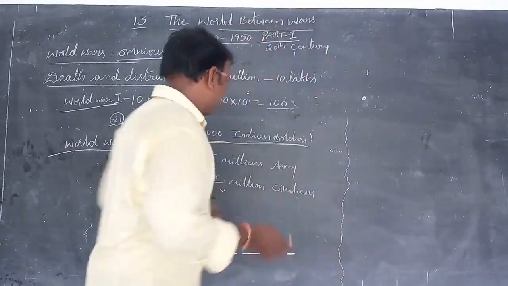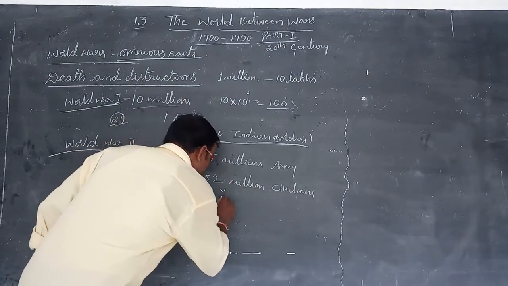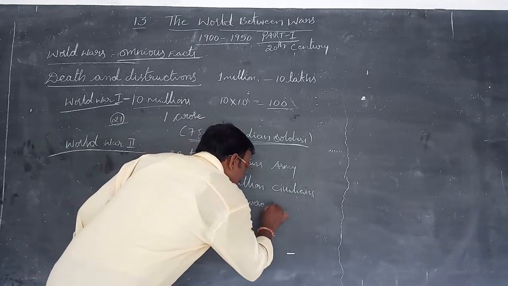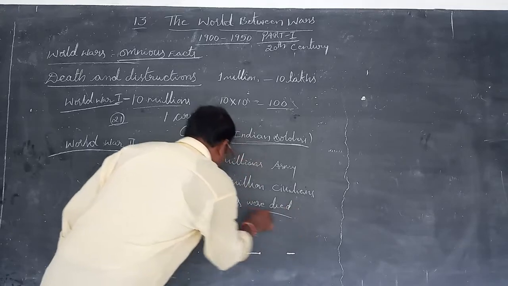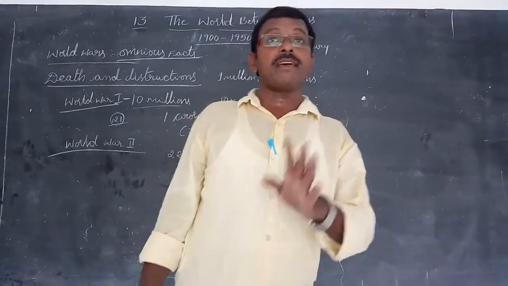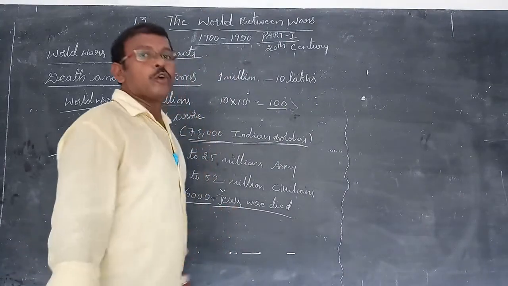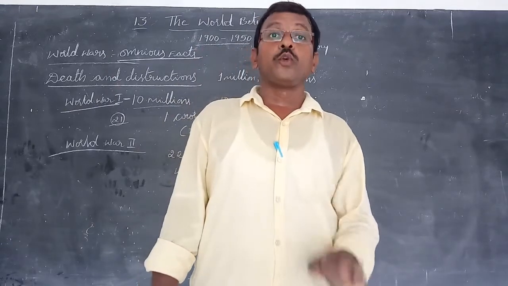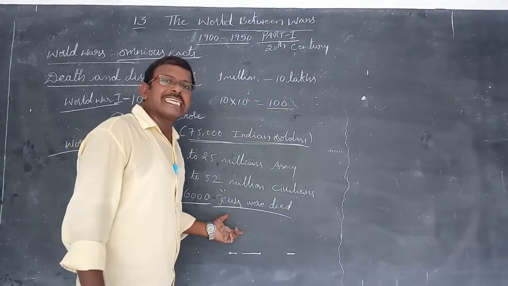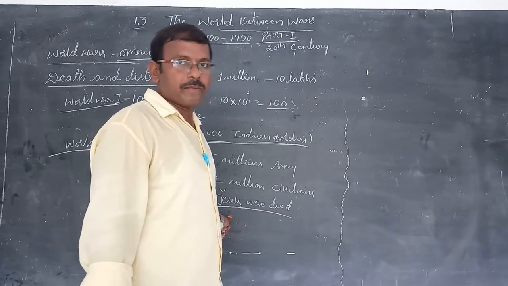In that, 6,000 Jews died in Germany. Jews are one sect, and in Telugu they are called Yudulu. These people were targeted by the Aryan dynasty, Hitler.